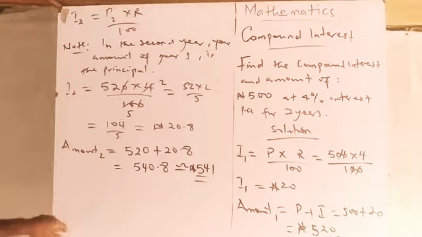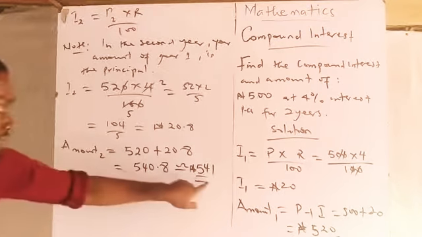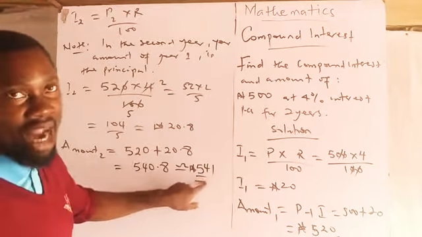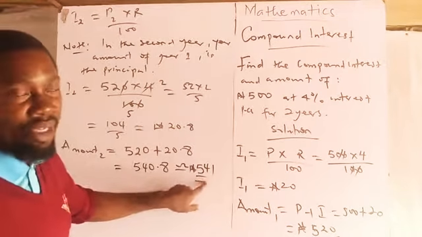And in the third interest, our principal for the third year will be 541 naira. It is only in the first interest that you use the original principal given to you from the beginning. Once you get the first interest and the first amount, the first amount becomes the second year principal. And if you solve also to get the second amount, it becomes the principal of the third year. That is how it works.